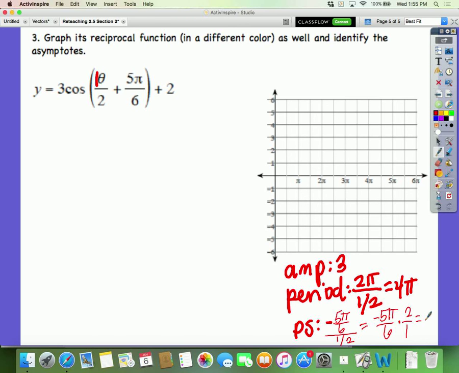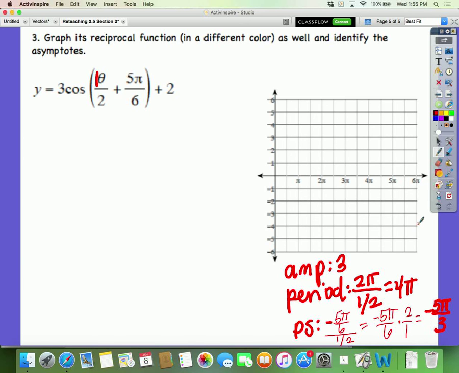It will be negative 10 pi over 6 if I multiply straight across, but that reduces to negative 5 pi over 3, and that's my phase shift. That's going to come in handy when I have to add or subtract it, correct? That's the process you go through.